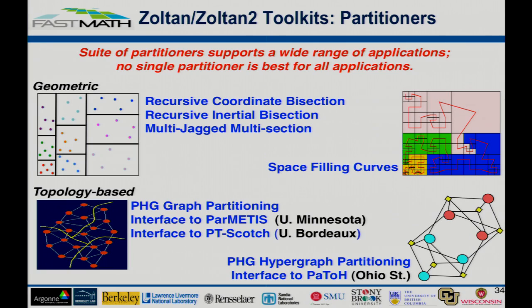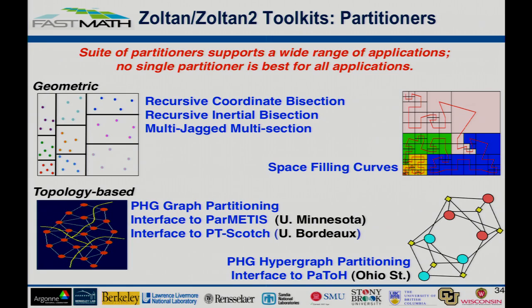The second group of techniques are the topology-based tools. So here your objects have data dependencies defined between them. So you can think of, there's some kind of communication that has to occur, some kind of exchange of information there. So if in this bottom image, these nodes are your data objects and then an edge represents a dependency, now we can make a partitioning decision that tries to minimize the number of dependencies that we're fracturing or splitting across a partition boundary or a process boundary.